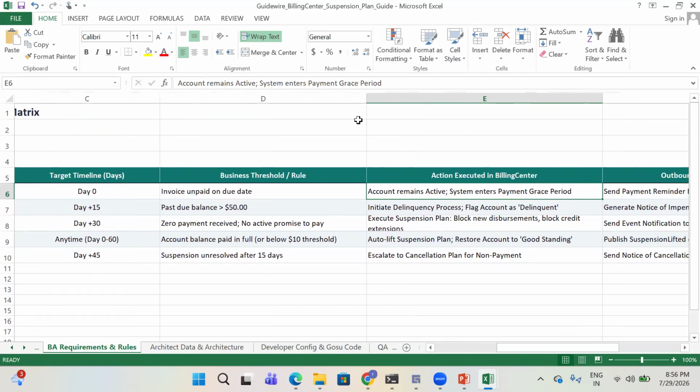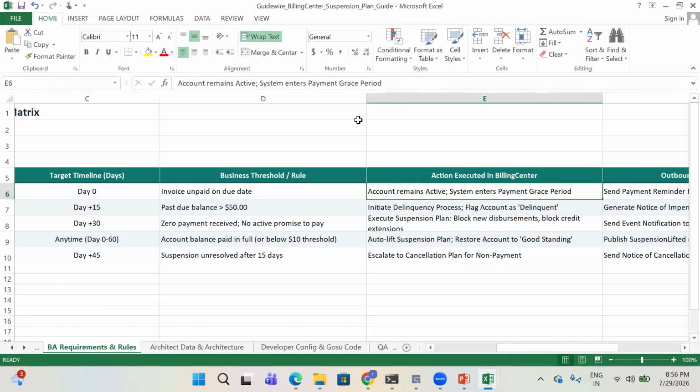Now, what kind of action do we need to execute in the billing center? In the billing center, the action will be that the account remains active, because this is a suspension for an unpaid invoice. It is not a permanent cancellation. So the account in the back end of the system remains active, and the system enters the payment grace period.